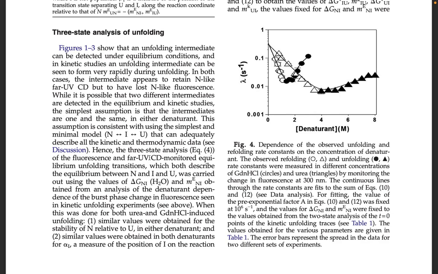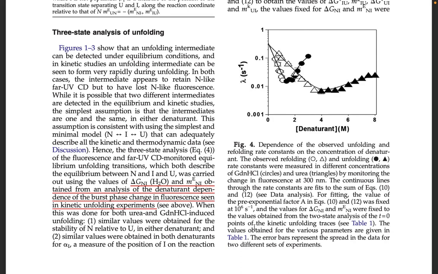Hence the three-state analysis of the fluorescence and far UV-CD monitored equilibrium unfolding transitions, which both describe the equilibrium between N, I and U, was carried out using the values of delta G and M value obtained from the analysis of the denaturant dependent burst phase change in fluorescence seen in kinetic unfolding experiments.